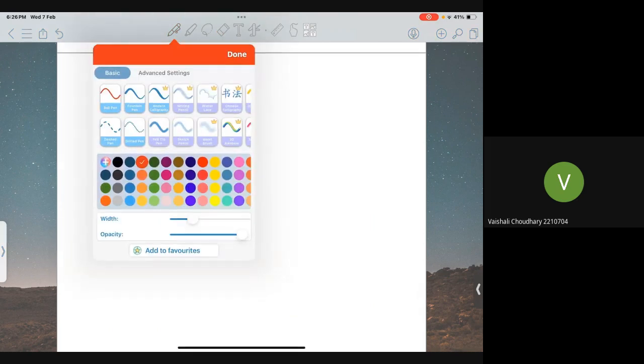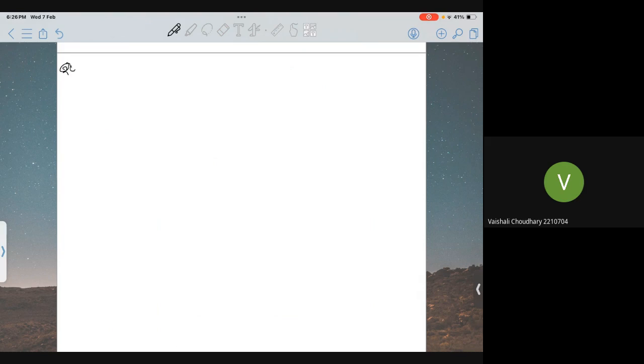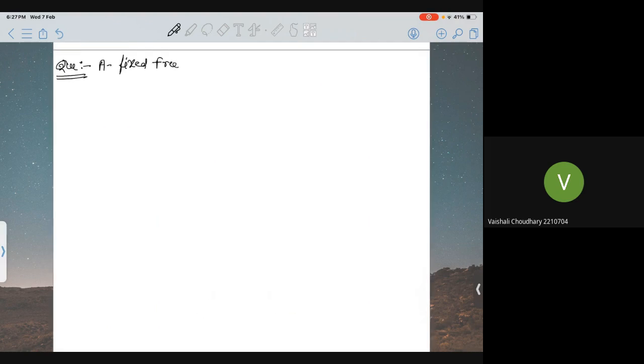So the question is, a fixed-free cantilever beam is made of single crystal silicon.